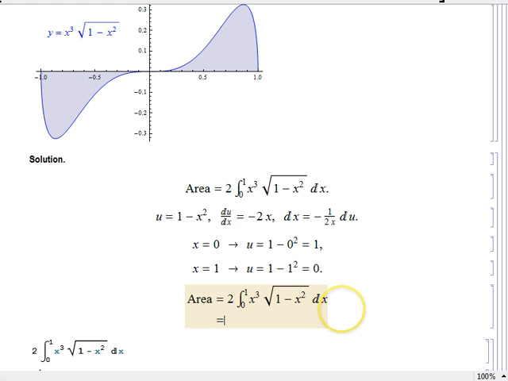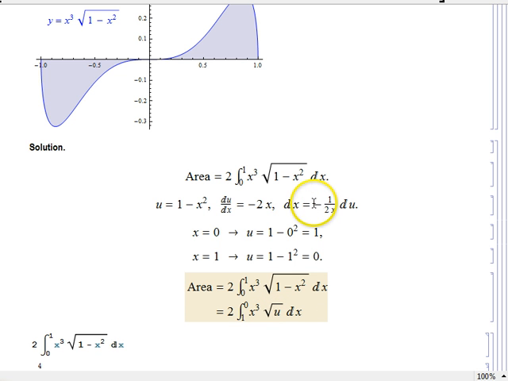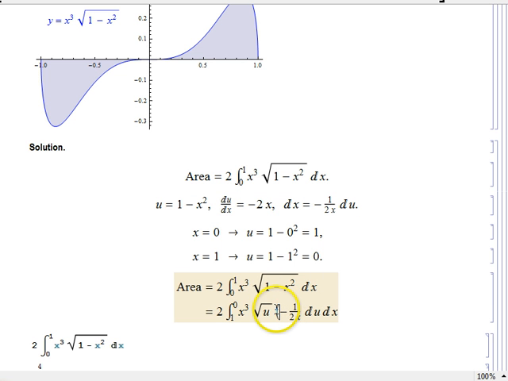The 2 was there before, and then the integral, u will be going from 1 to 0, as we did here, and then this will be substituted into u, and then dx will be substituted by 1 over -2x times du.